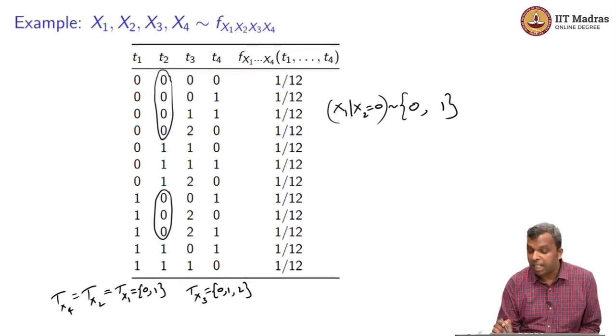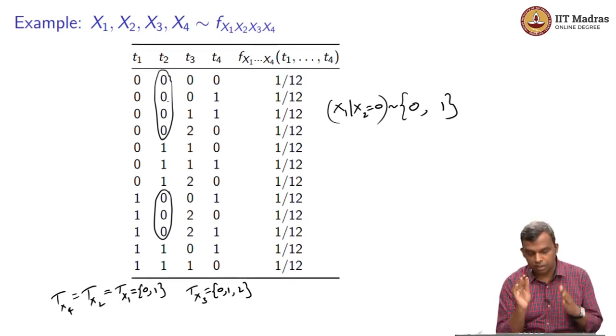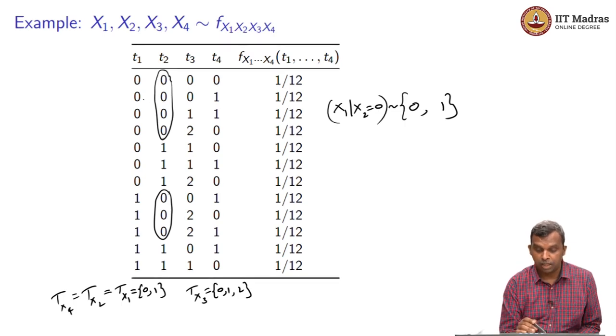Then for a particular conditioning, if I ask you to identify the range of that object, how do you do it? You just focus on what you've conditioned on, x2 equals 0, and see what values x1 takes in that situation. When x2 is 0, x1 can take value 0 and it can also take value 1.